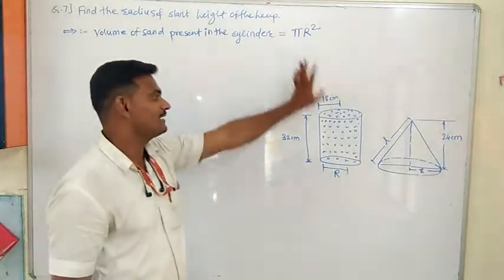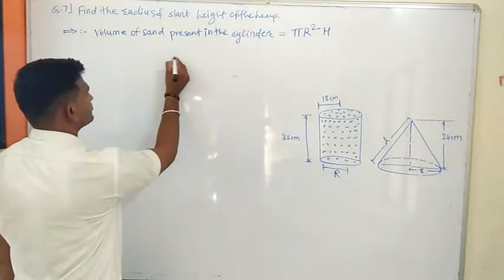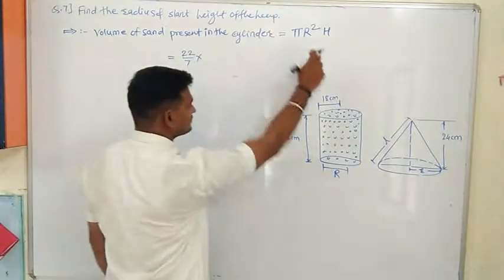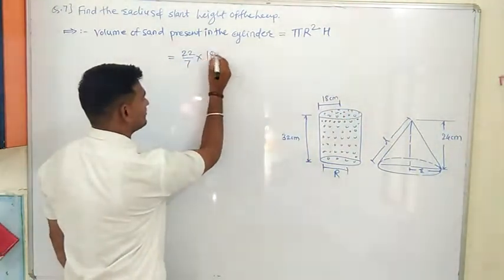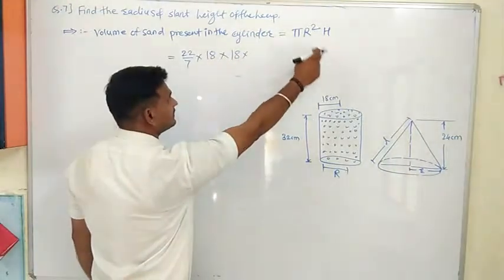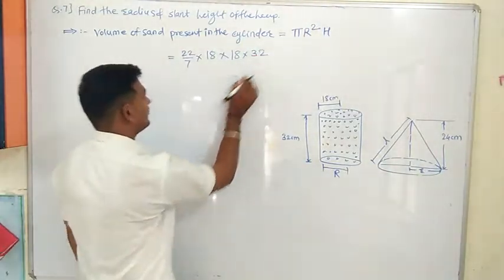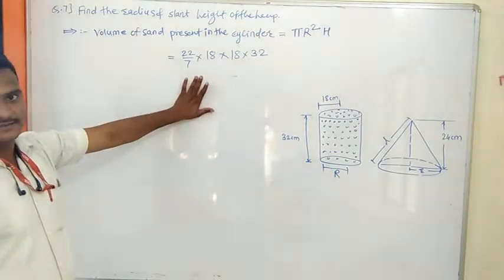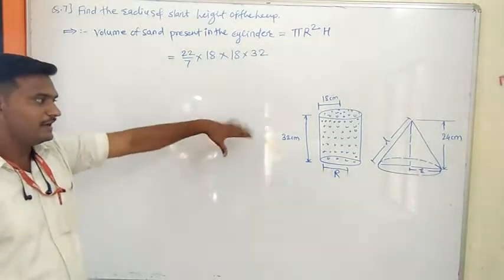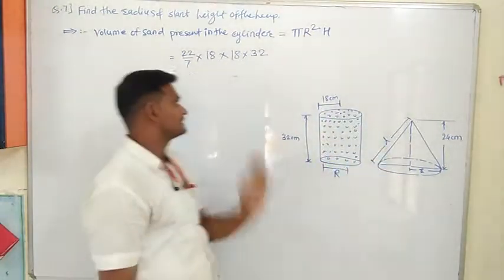Pi is 22 by 7 into radius 18 centimeter into 18, because R square is there, then height 32. Keep it as it is. Don't calculate the value, because we need it for the further calculation with the volume of the cone also. At that time we can reduce this.